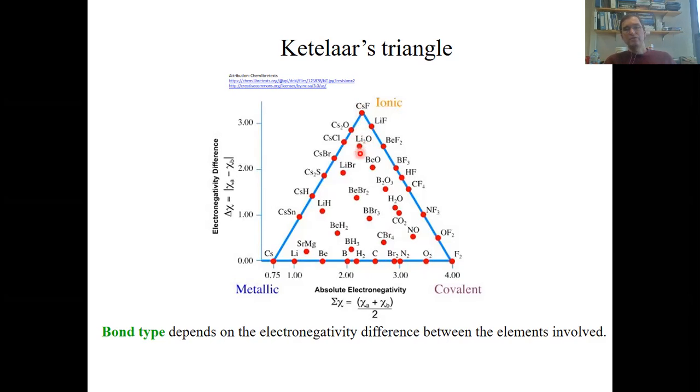Lithium hydride is in between a metallic and an ionic bonding situation. It has contributions from both of these. It's fairly far away from this corner, so it has little covalent contribution.